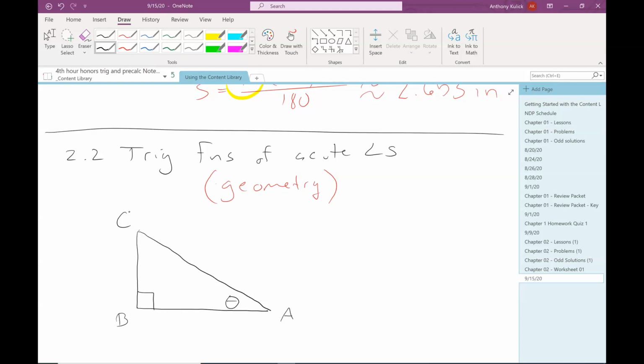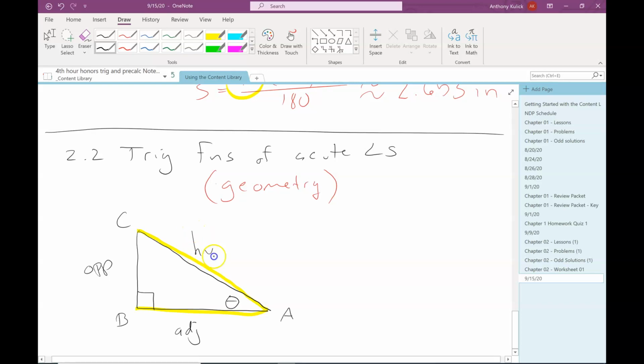CB or BC is correct. It's the side that is not part of the angle formed by theta. Which side is adjacent? BA or AB. That's the side that makes up part of the angle that is not the longest side.